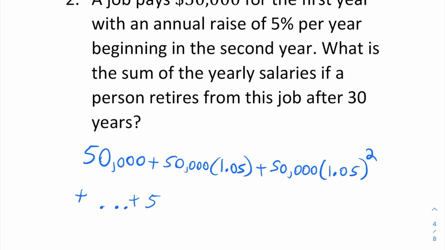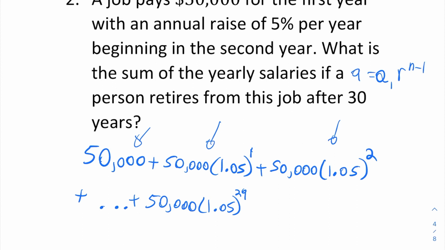In the 30th year, you're going to have that 50,000 times 1.05 raised to the 29th power, because for the first year there was no 1.05. For the second year there was only the first power of 1.05. Then for the third year it was the second power. So the power is always one less than the year. That's the formula: a1 times r to the n minus 1 is the nth term.